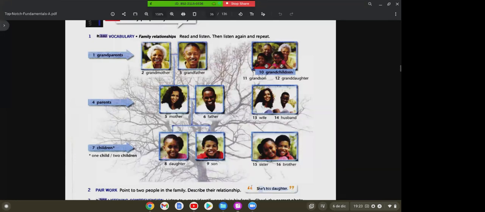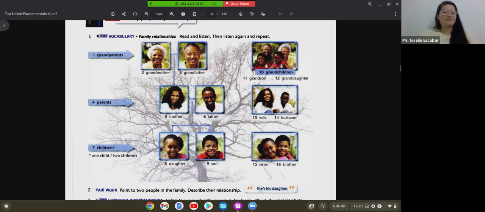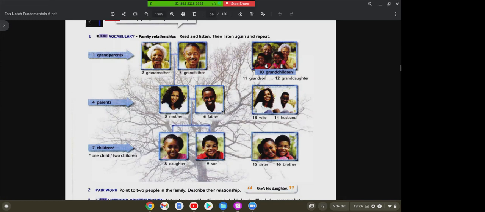6 and 5. No. Ok, mira. She is his daughter. Ella es su hija. Puede ser number 8 and number 6. Teacher, ok, pero mencionó la 9 con el 5.